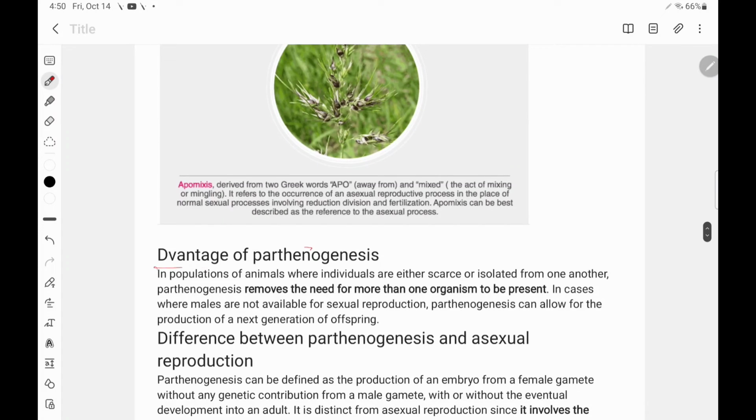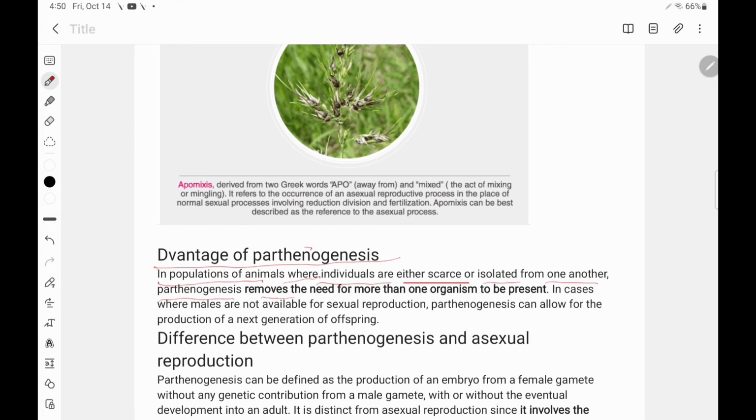This is the advantage of parthenogenesis in populations of animals where individuals are either scarce or isolated from one another.